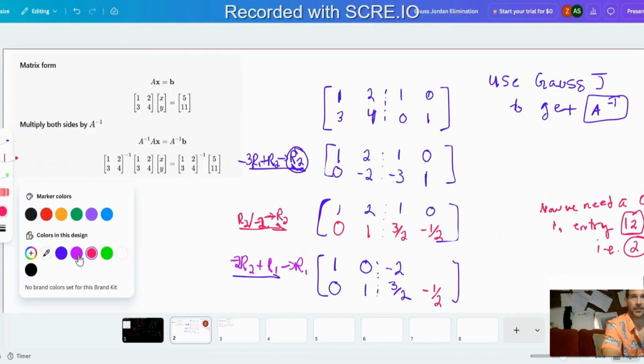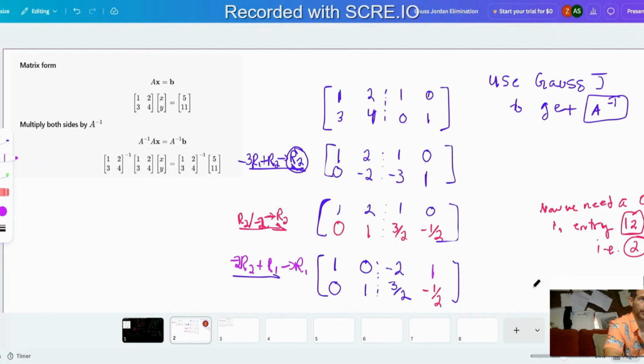And this gets the magenta. So negative 2 times, again, the 3 halves gives me negative 3 plus 1 gives me negative 2. And then the negative half times negative 2 gives me 1, right? Plus the 0 should just give me 1 here, I believe.